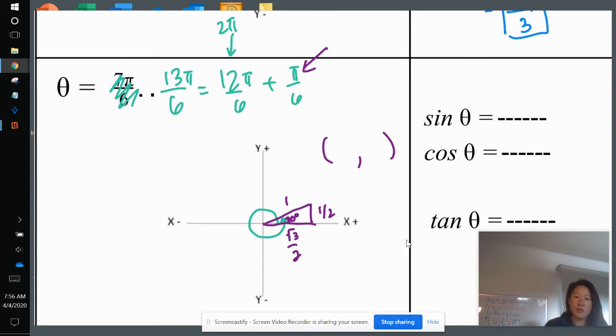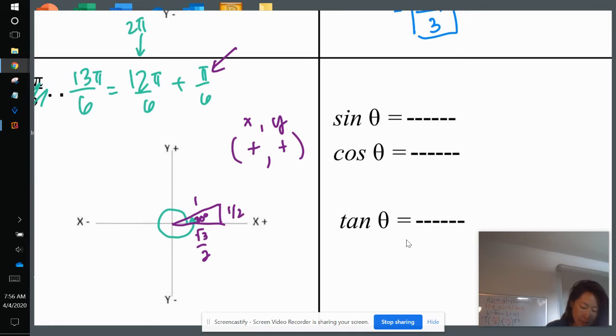Any point from the first quadrant is a positive x and a positive y. All right, so sine is just the y length. It's y over 1, so it's 1/2. Cosine is x over 1, so root 3 over 2. And all of these are positive because the lengths are positive. Tangent would be y over x, which is 1/2 over root 3 over 2.